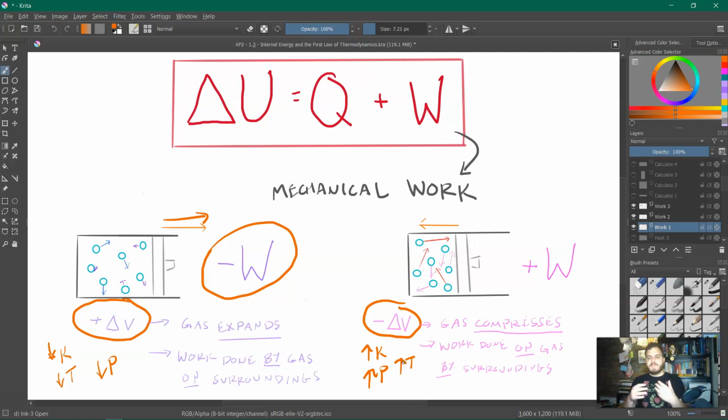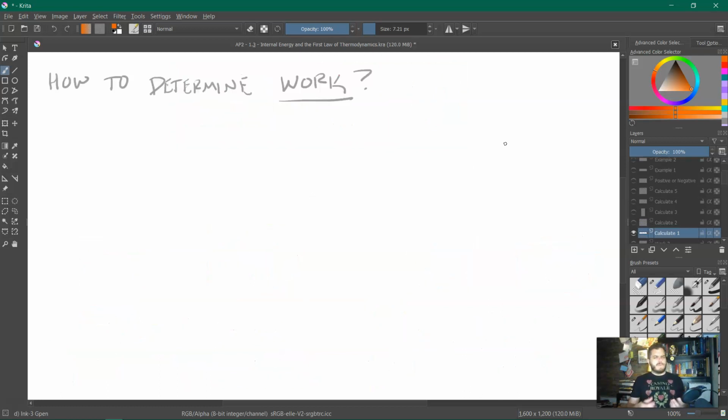And we say that the work is done on the gas by the surroundings. By the surroundings, we really just mean the environment, but a lot of times we don't mean the whole world. We're just talking about what's immediately around it, so we use this word surroundings. So this negative change in volume is tied into a positive work, because as the gas is compressed, it gains energy. But how exactly do we determine the amount of work?